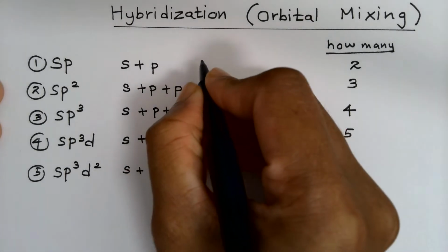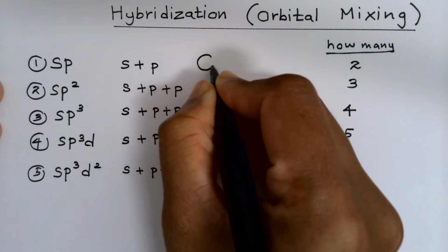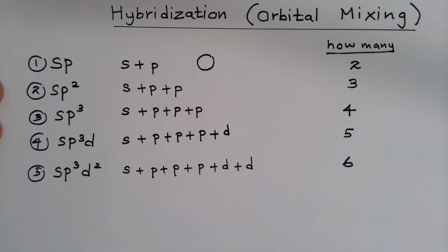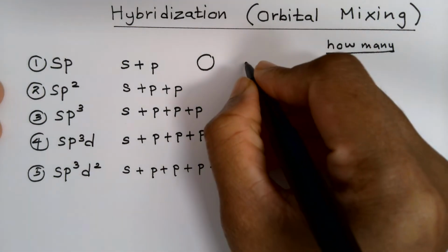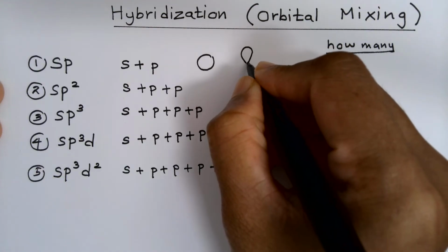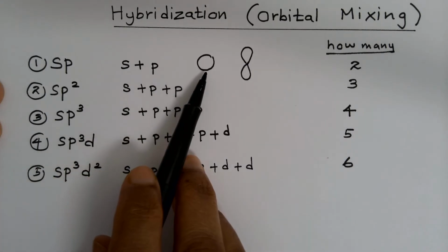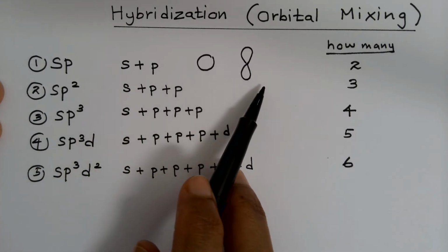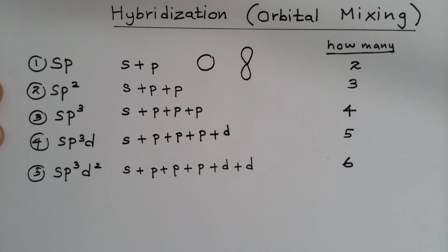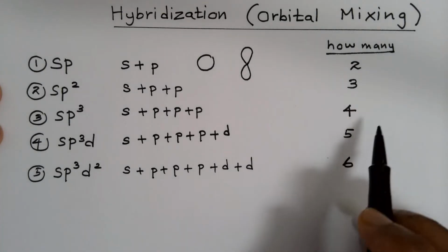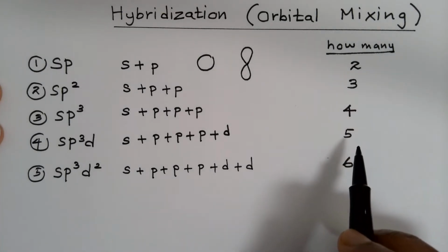All s orbitals are spherical, like spheres, and p orbitals are dumbbell shaped, with 2 lobes. If we mix s and p orbitals together, it makes hybridized orbitals.